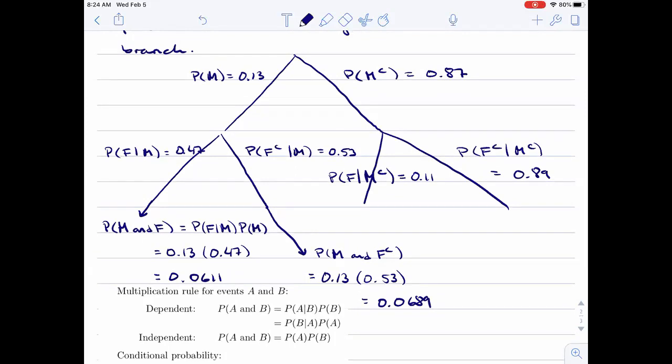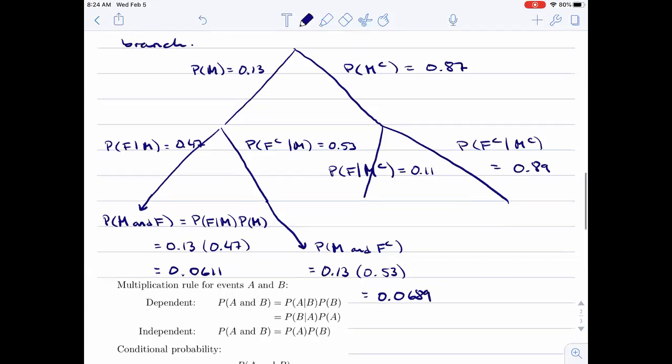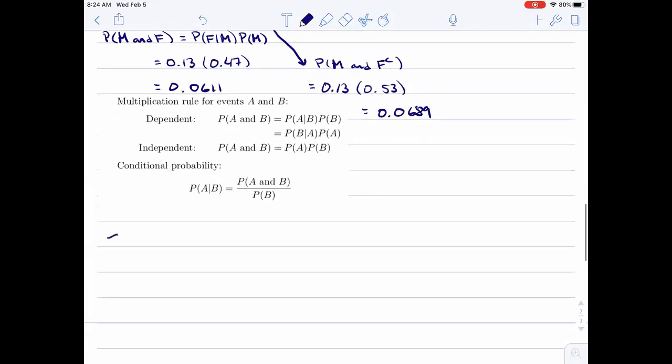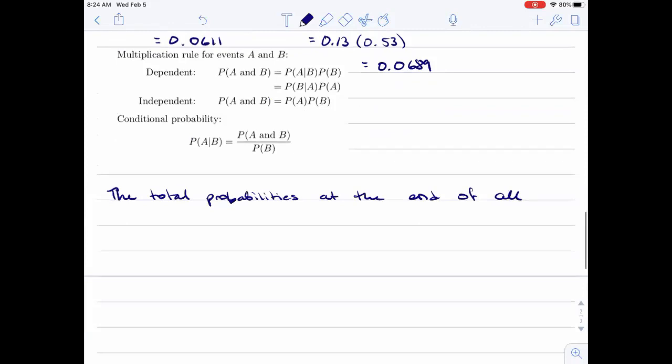But it's not going to add to 1 if you've rounded, so you want to keep that in mind. The total probabilities at the end of all the branches must add to 1.